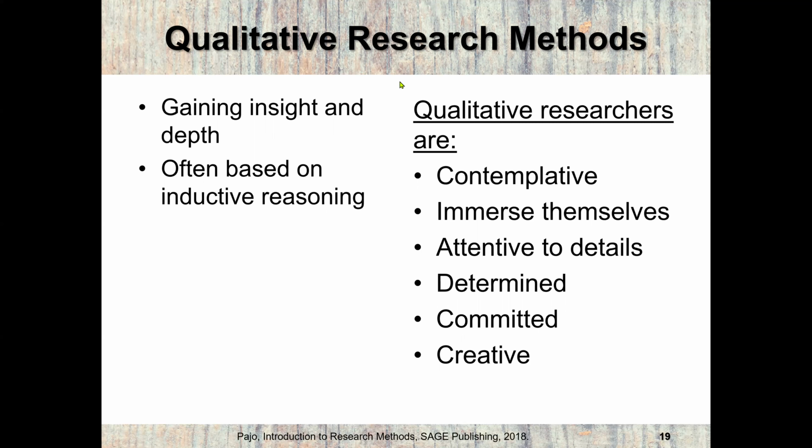If it's quantitative, I will try to find a solution. I'm going to collect data on the phenomenon, and I'm going to analyze it to see if I can come up with a result. So we say qualitative researchers are contemplative, immerse themselves, pay attention to detail, and are determined, committed, and creative.